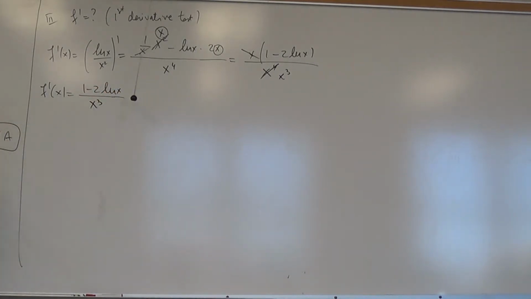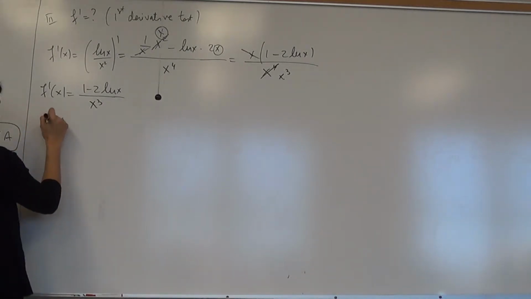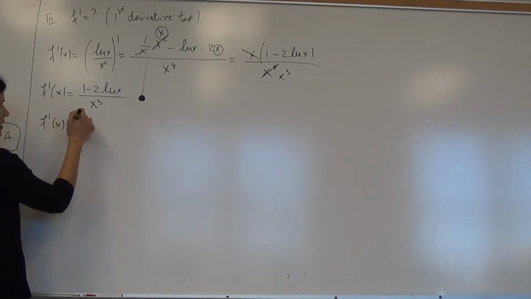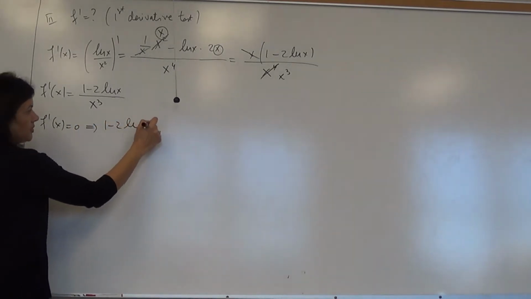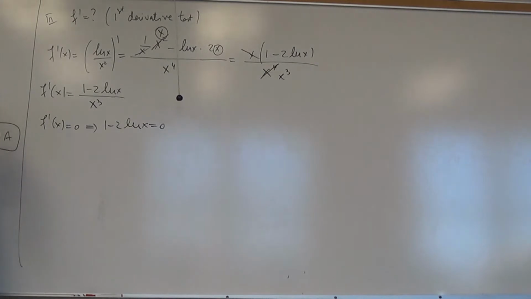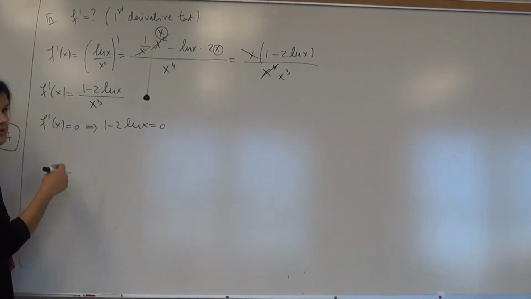So I have to find the critical points, when f prime is 0 or does not exist, and then the sign of f prime. If I take f prime of x equals 0, a fraction is 0 when the numerator is 0. And this is a logarithmic equation, the unknown is inside ln. So I will separate ln.